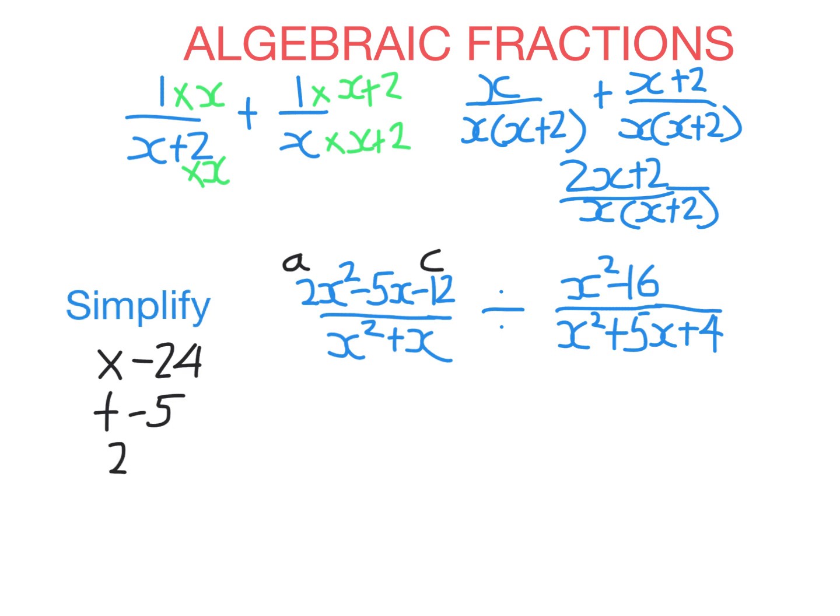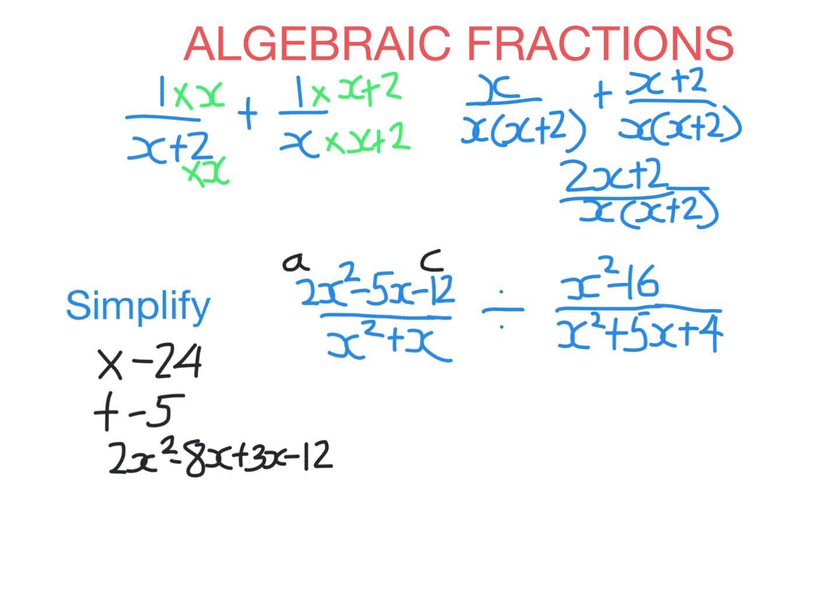So we split up the middle term accordingly. I'm going to rewrite it as 2x squared minus 8x plus 3x minus 12. Again, the reason I chose negative 8 and 3 of all the possible factors of this number is that they are the two numbers that multiply to negative 24, that is multiply to AC, and add to B, the middle coefficient.